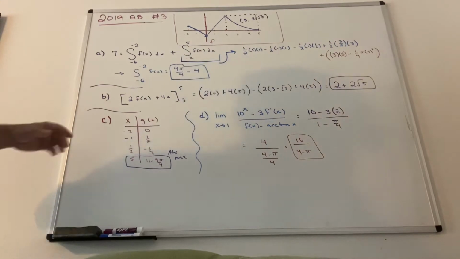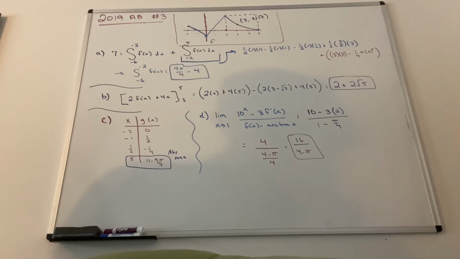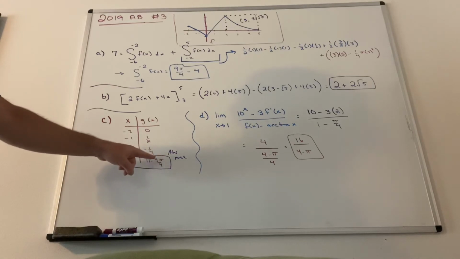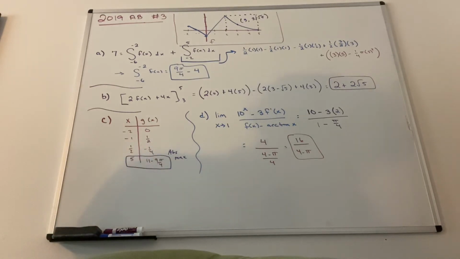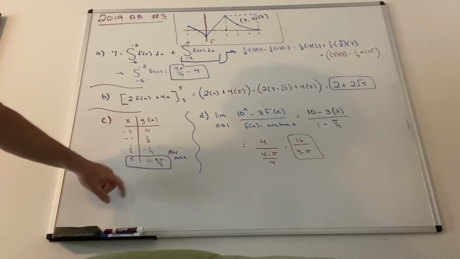Okay. I found all these outputs along the way in part A, so it was just a matter of organizing them in a table and then picking the biggest output. You think about that right there, it's about 28 divided by 4, so that's pretty much 11 minus 7, which is way bigger than the rest of the outputs in the table, so he's the max.